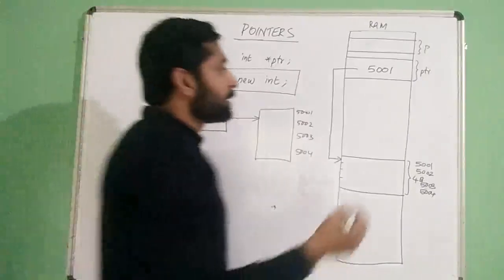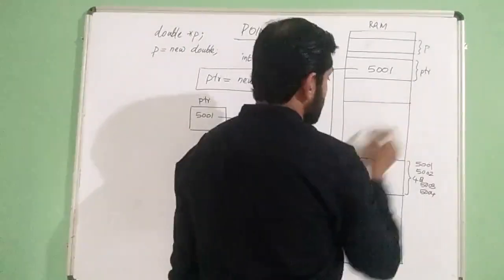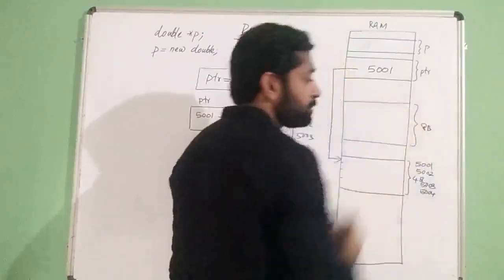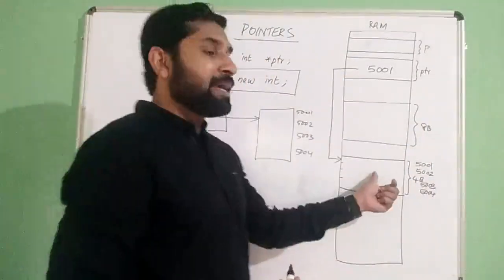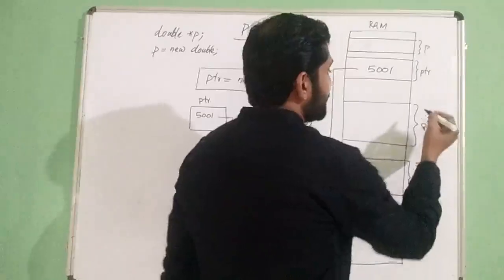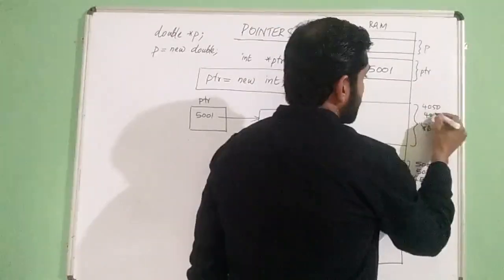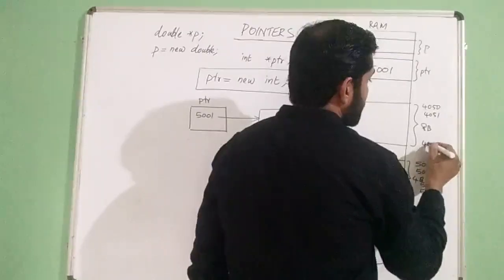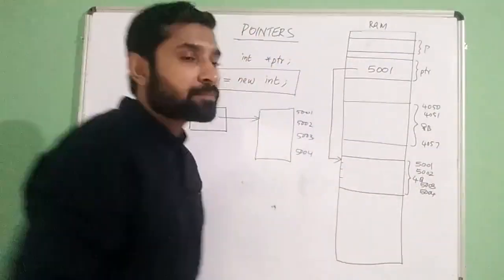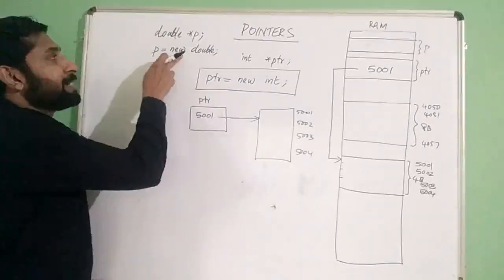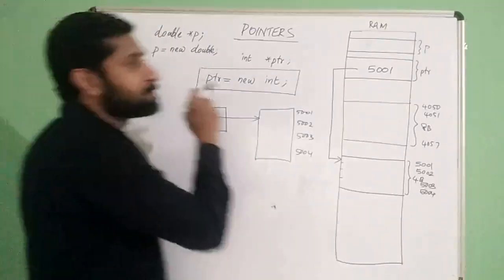What happens? 8 bytes will be reserved. Similar to this area, this will have some address like this, say 4050, 4051 to 4057. 8 bytes are reserved. Since it is assigned to P, what happens?